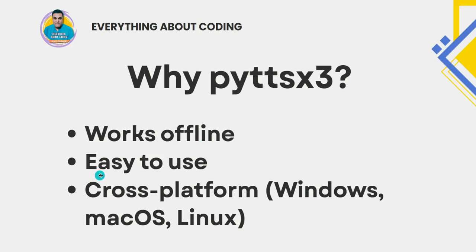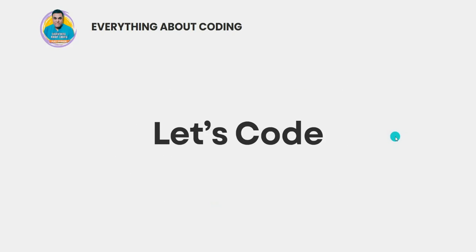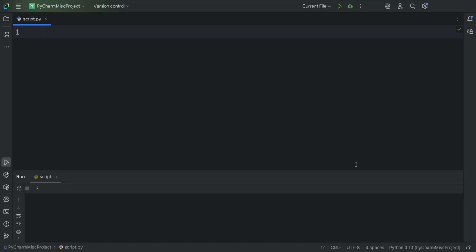It's extremely easy to use, and in a while you will come to know how easy it is to code. It is also cross platform, so no matter which operating system you're working on. All that having been said, let's code. Let's go to PyCharm and start coding.